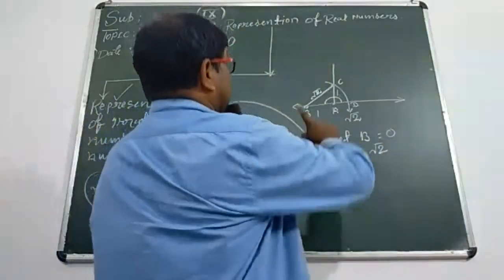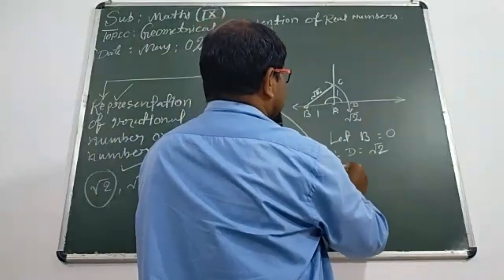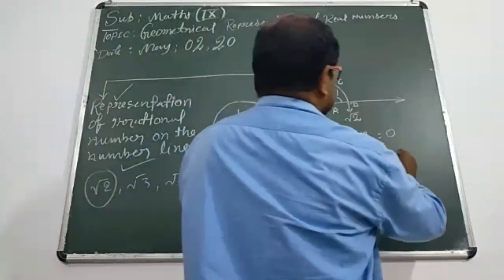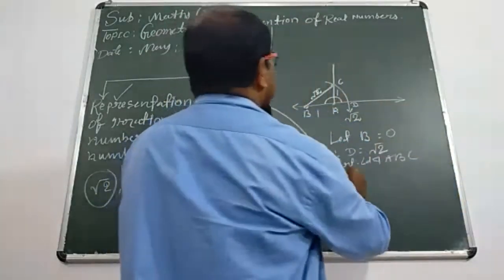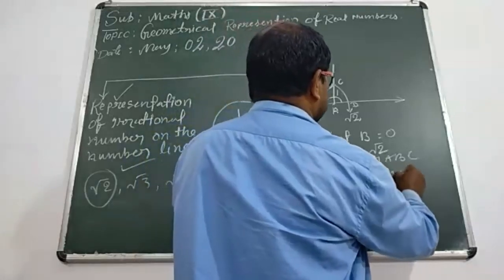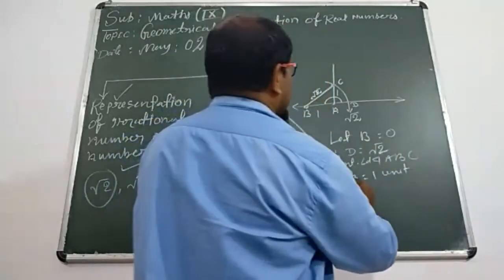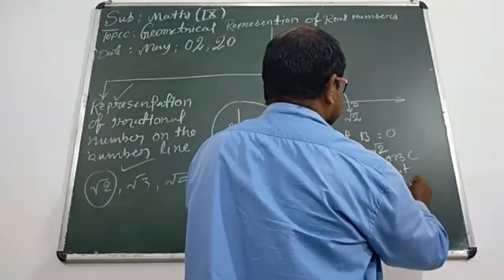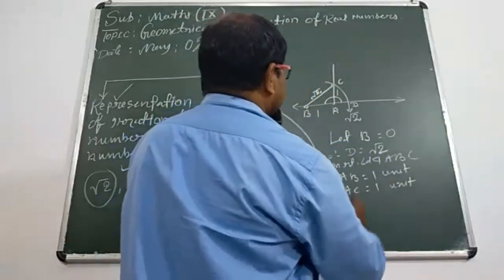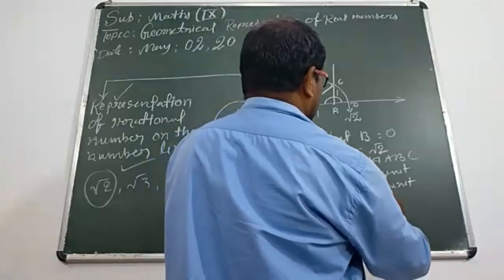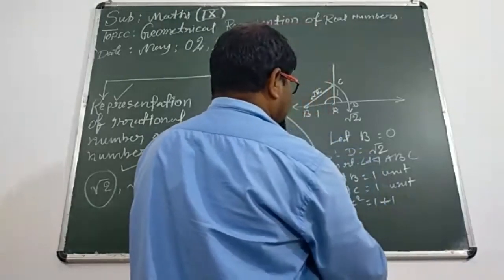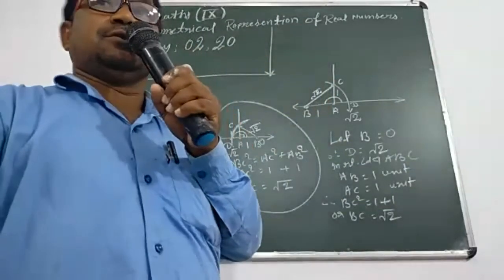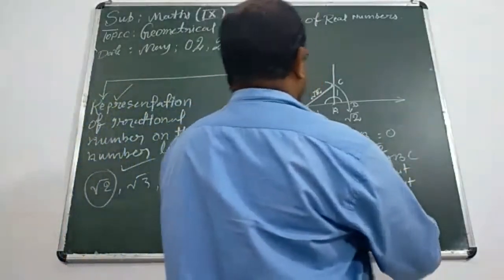Understood? By the help of Pythagoras, in right angled triangle ABC, AB equal to 1 unit, AC equal to 1 unit, taken by us, so that BC square equal to 1 plus 1, or BC equal to under root 2 unit.